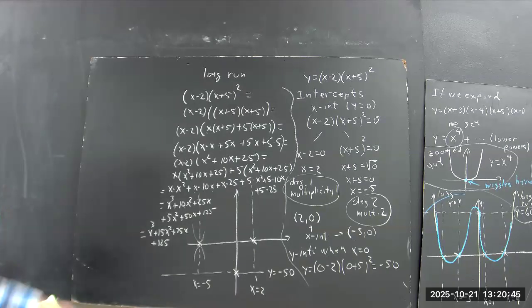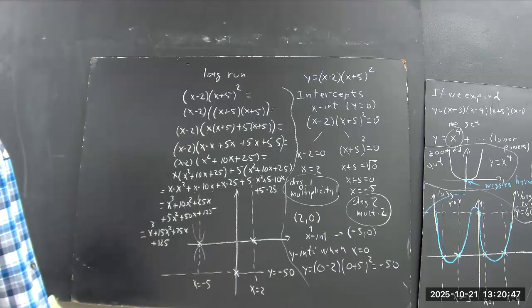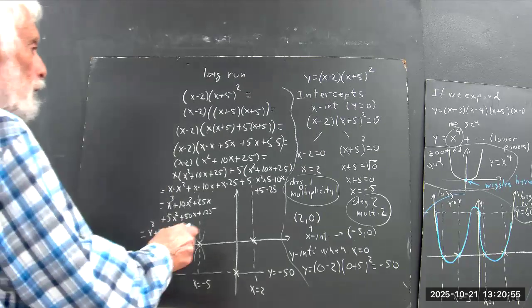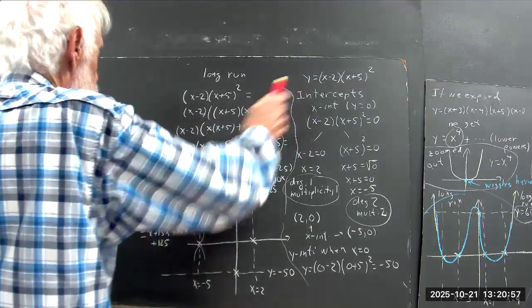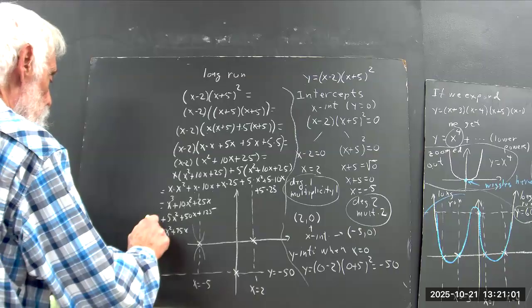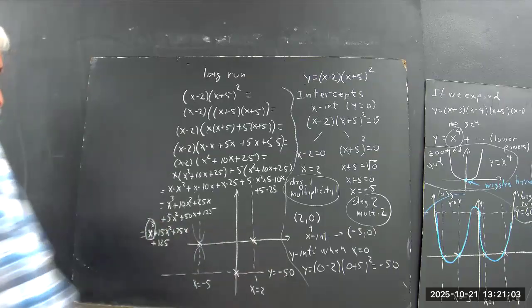Now, it's a little tedious, it's a lot of detail. It's real easy to make a mistake and get the wrong answer. But the point for the graph that we're making, the graph of this function, is this x³ dominates everything else.